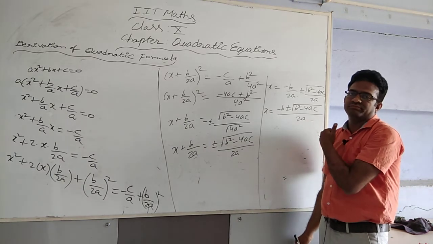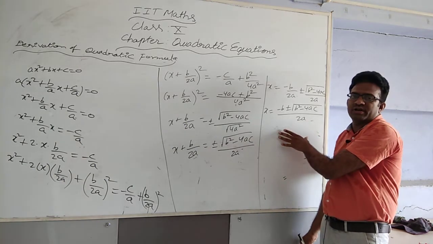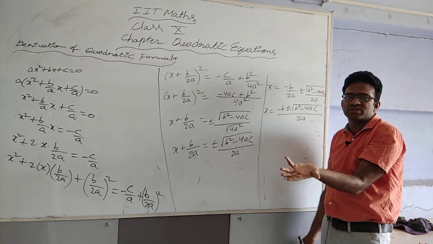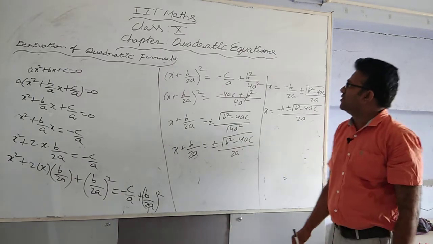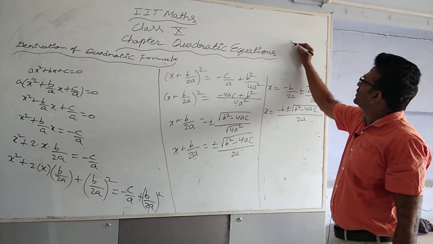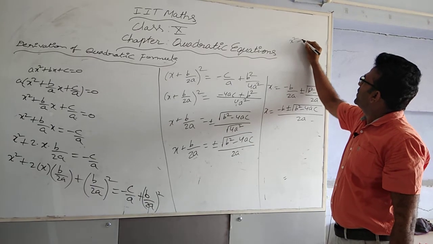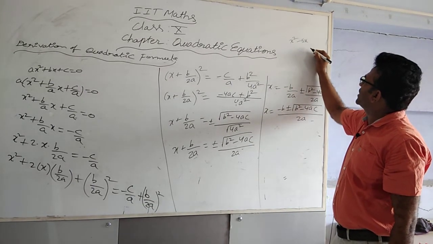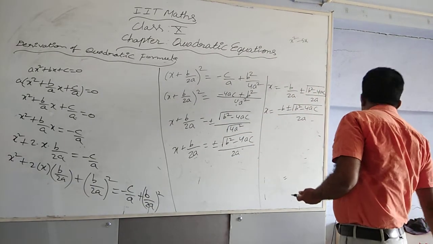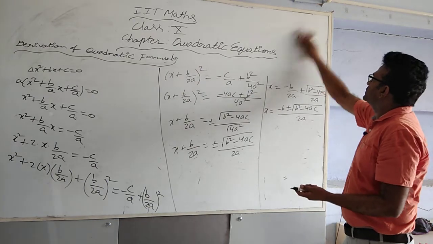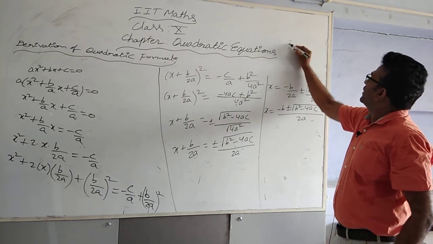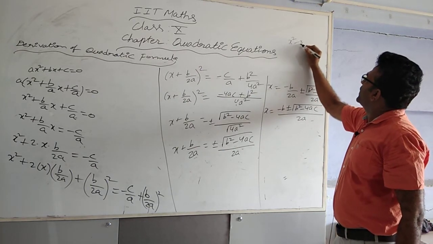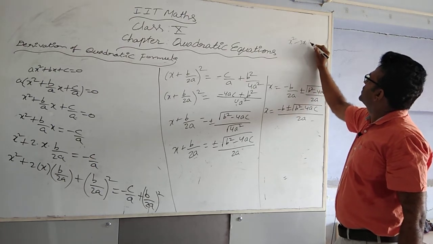Okay, by using this quadratic formula we are going to find the roots of the quadratic equation. One example: x square minus 3x plus 2 equals 0.